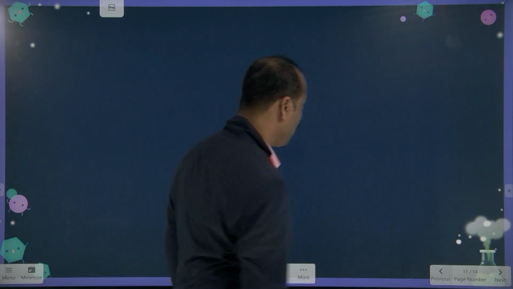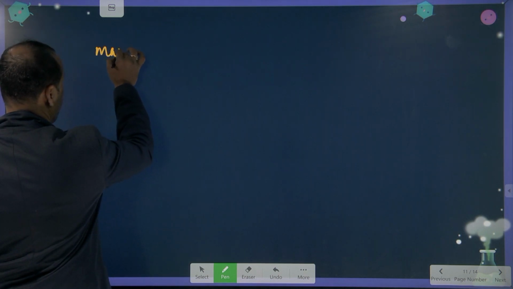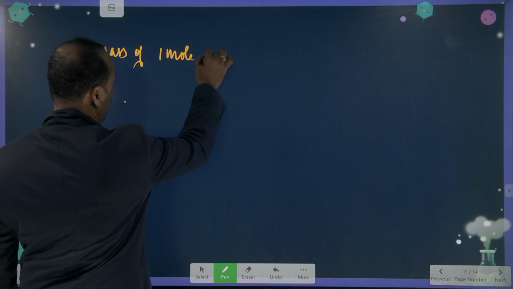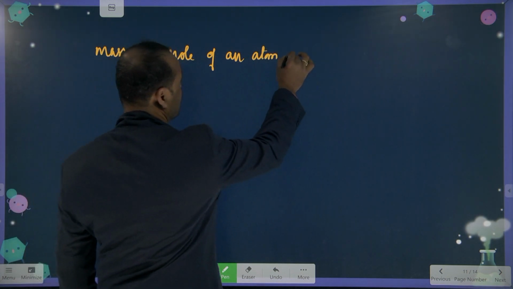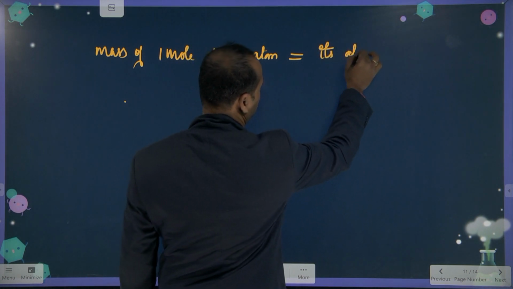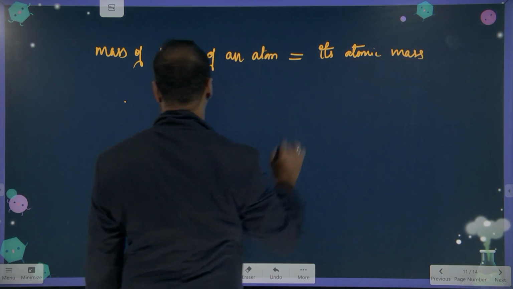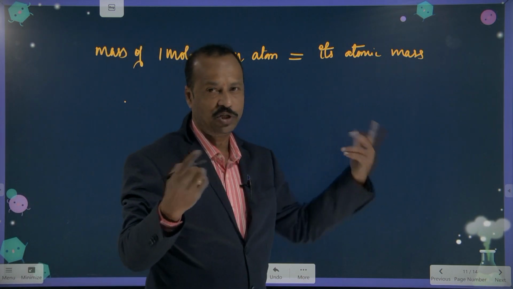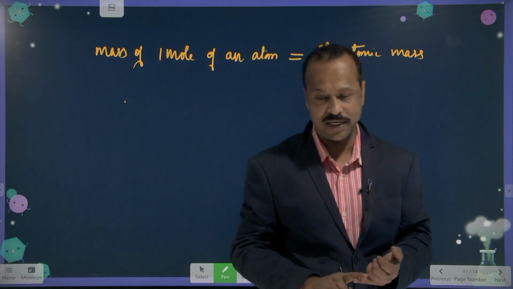So when you express the mass of 1 mole of an atom, it is equal to its atomic mass. For example, 1 mole of carbon: carbon atomic mass is 12, so 12 grams. Is this clear to you?